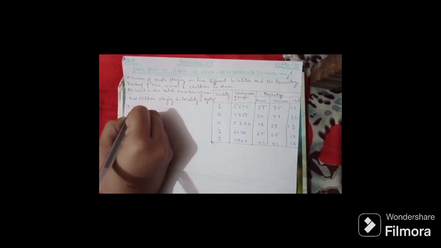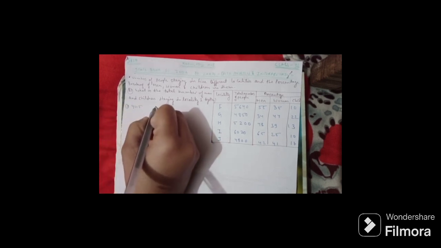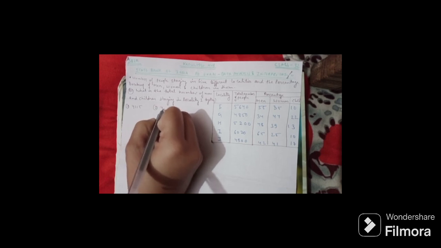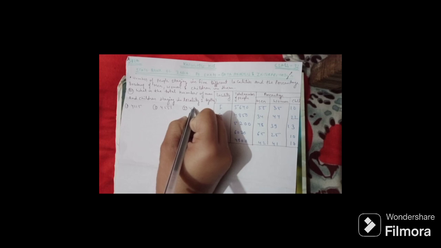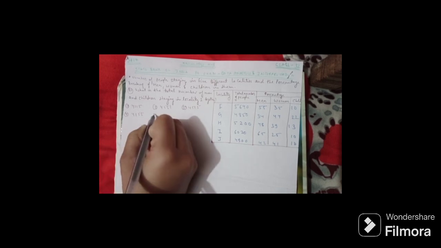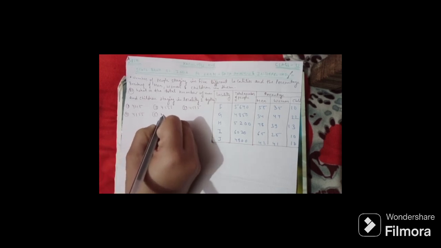The options are 4,115, 4,551, 4,515, 4,155, and the fifth is none of these. Let's go for it, and that's what we have to figure out.